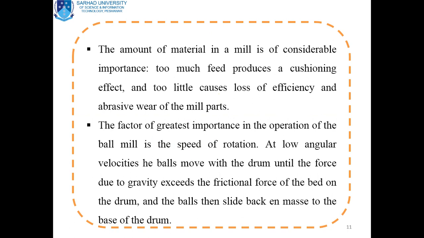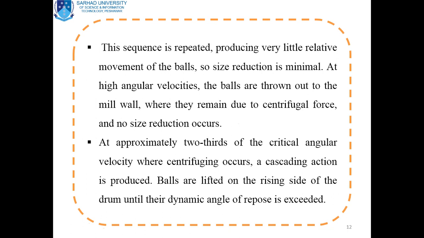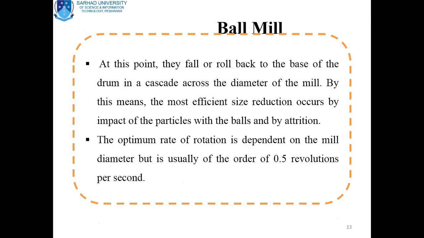What happens at high speed or high angular velocity? At cascade action, which is 2/3 of the critical angular velocity, you get the maximum efficiency of particle size reduction.